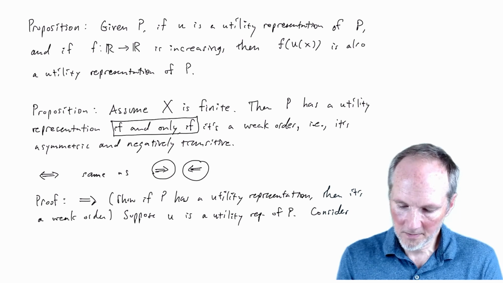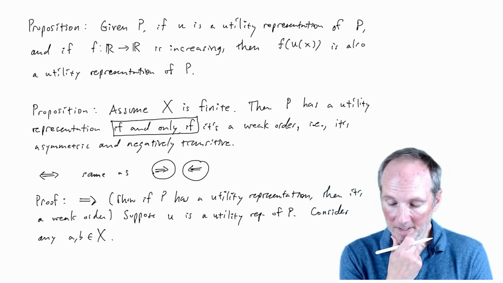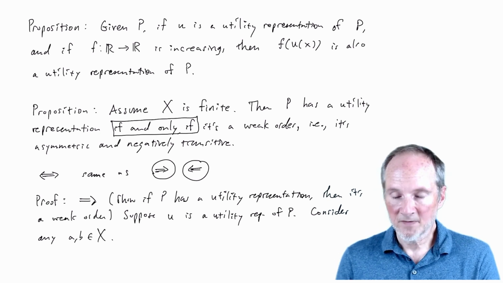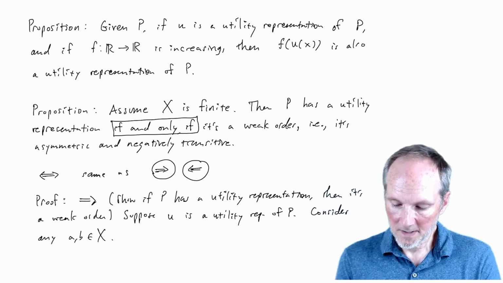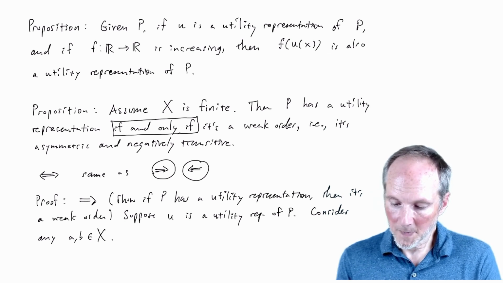So consider any alternatives, A and B. Asymmetry means you can't have strict preference going in both directions. All right, so that's what we need to show.